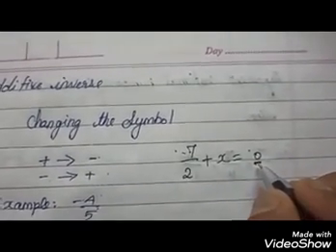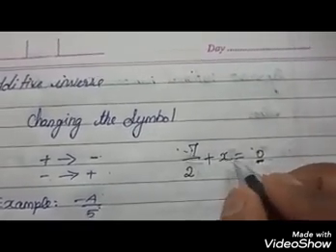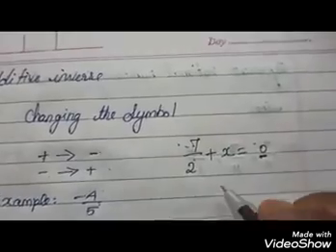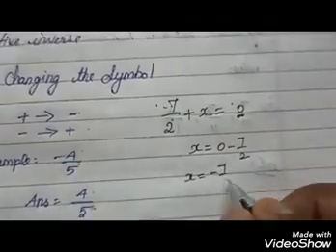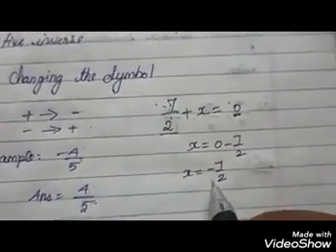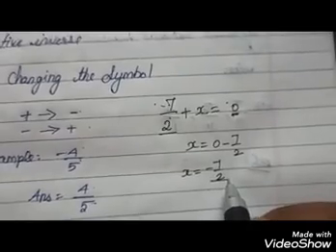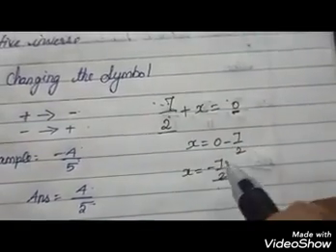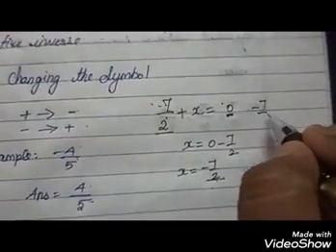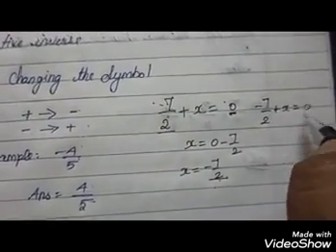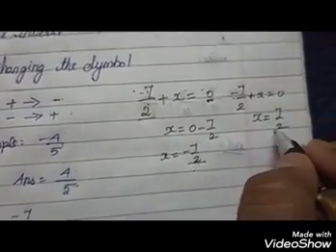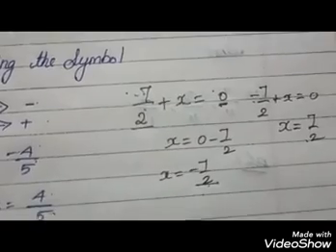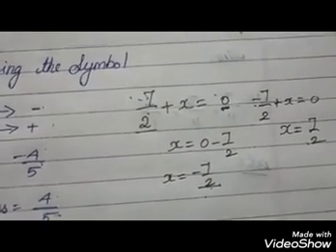When you need to get the additive identity, you add the inverse of this value. So x is equal to 0 minus 7 by 2, x equals minus 7 by 2. So positive 7 by 2 becomes minus 7 by 2. Now if we take minus 7 by 2 plus x equal to 0, x equals 7 by 2. So a negative value becomes positive, and a positive value becomes negative. We only change the symbol; you need not change any value. So that is the additive inverse.